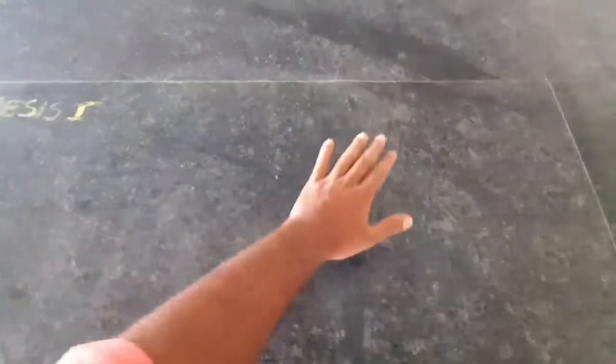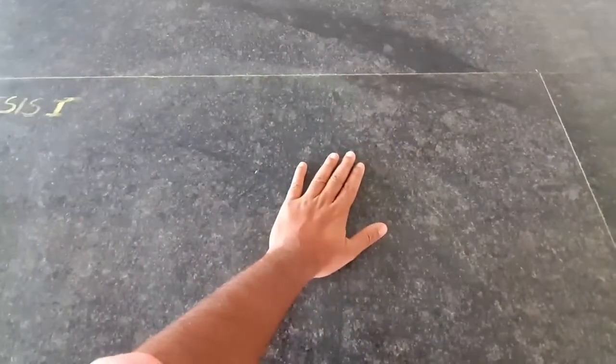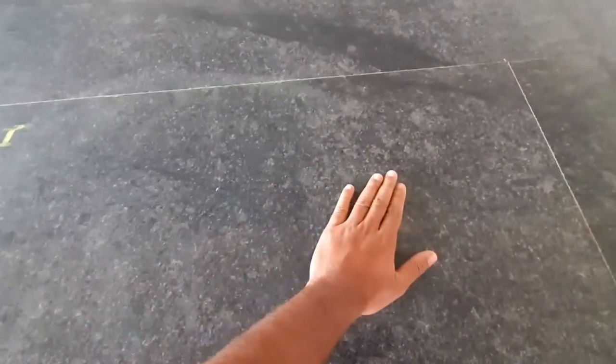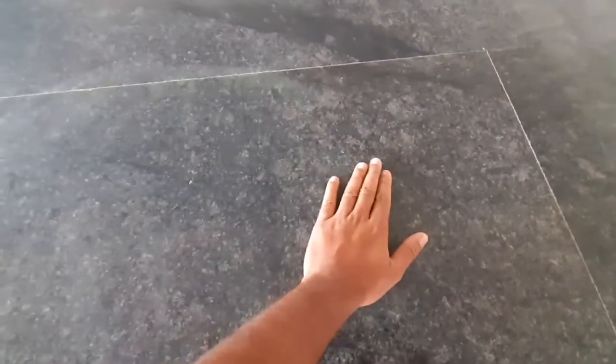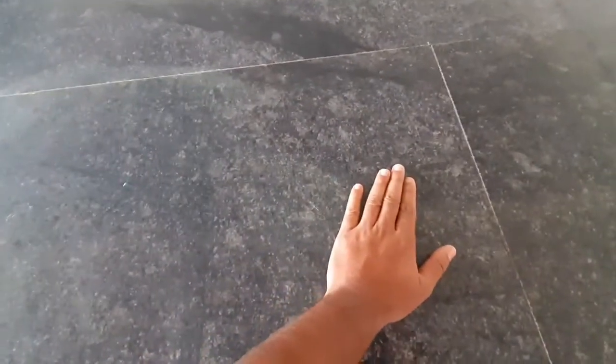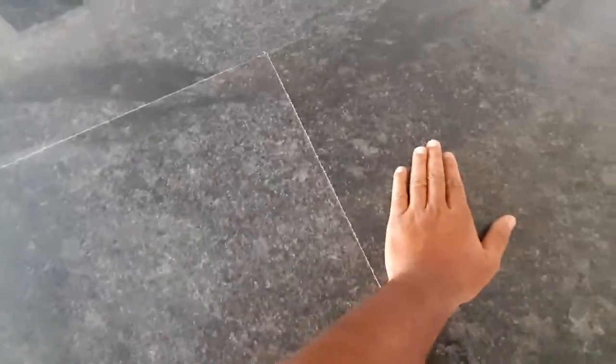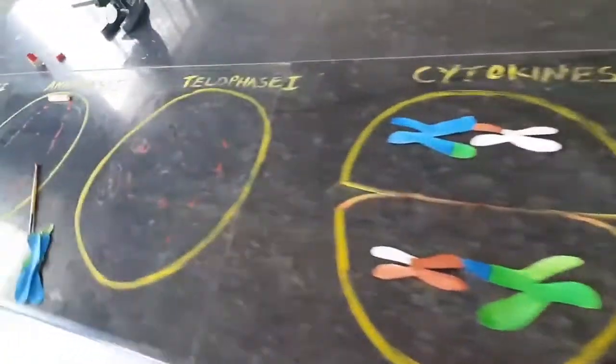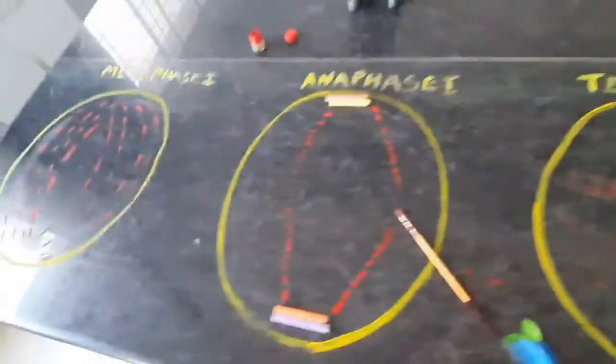Then prophase 2, metaphase 2, anaphase 2, telophase 2, then cytokinesis 2, and ultimately you get 4 daughter cells, all haploid. So whatever points you want to write here, you just copy from mitosis and paste it to meiosis 2. Done. But for meiosis 1, you need to understand. Got it? Okay, so that's all about it.